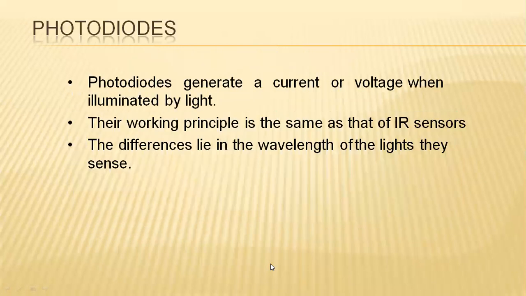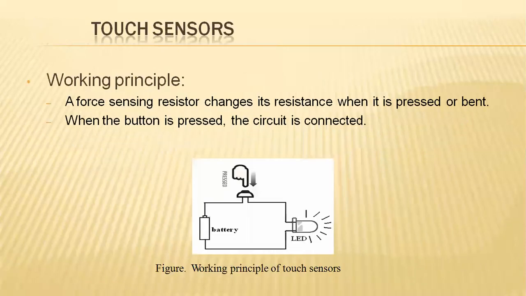No obstacle and obstacle. Photodiodes generate current or voltage. Now, the working principle of touch sensors: when force is applied on the switch, the energy makes contact with the LED, and the sensor indicates this through the intensity of the light.